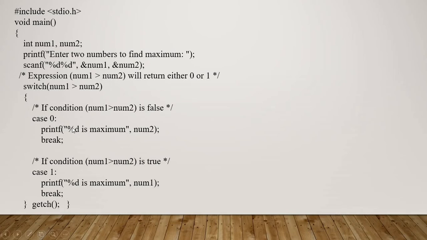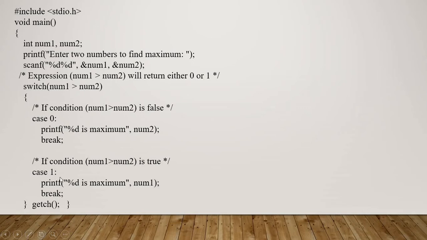So first of all, within case 0 we are printing the false statement. If number 1 is not greater than number 2, we want to print the false statement, that is number 2 is the maximum. Next case, that is if number 1 is greater, it will print number 1 within case 1.